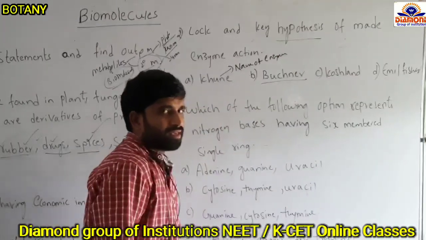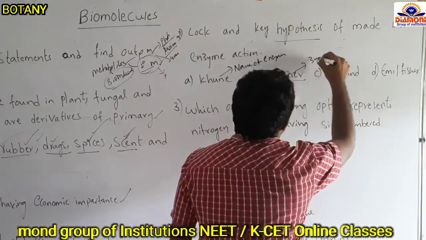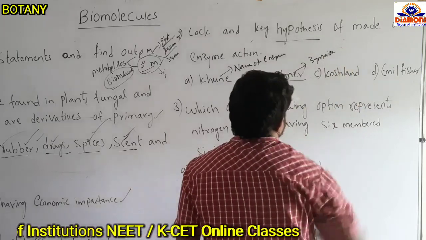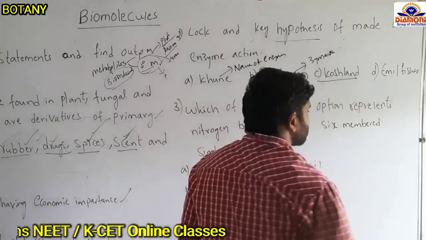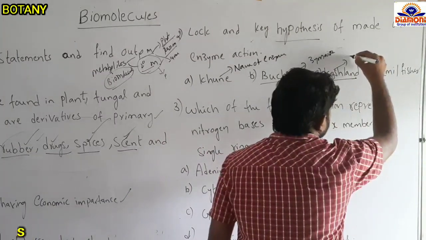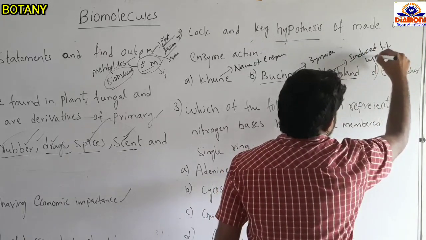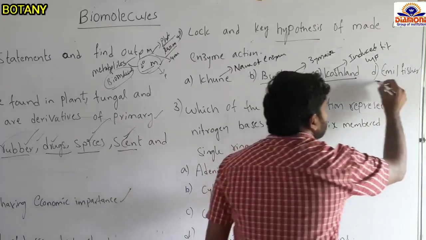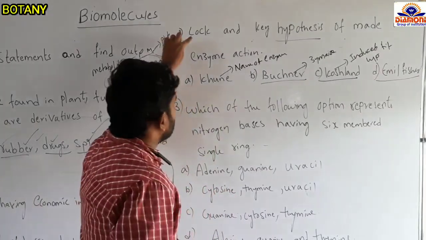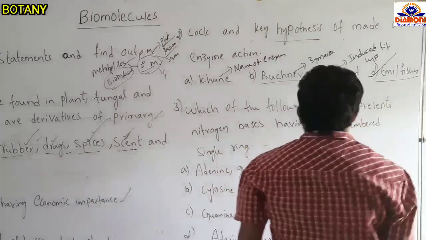Edward Buchner identified the first enzyme, zymase. And Koshland proposed the induced fit hypothesis. So remaining is Emil Fischer, who proposed the lock and key hypothesis. So the answer is Emil Fischer.